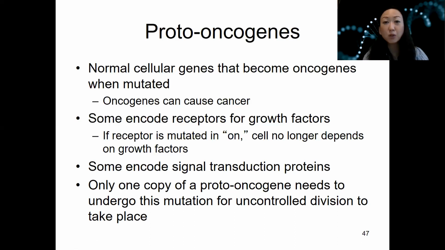Okay. But proto-oncogene is a gain of function. I said, keep going. It doesn't matter that the other one works and says, no, I'm not going to say keep going. This signal one keeps saying keep going, then the cell will keep going. So you only need one to cause uncontrollable division.